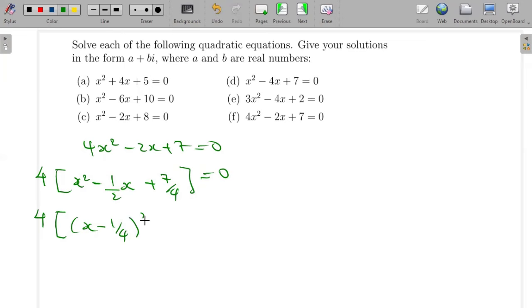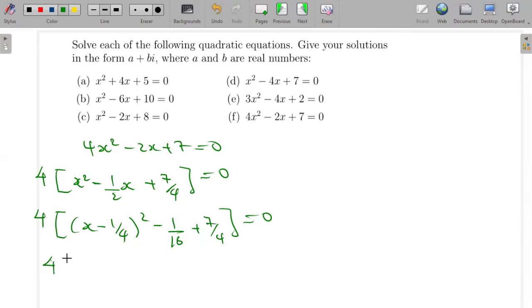And then squared, minus the square of 1 over 4. You just get 1 over 16. And then plus 7 over 4 equal to 0. So you have 7 over 4, and then minus 1 over 16, which gives me 27 over 16.